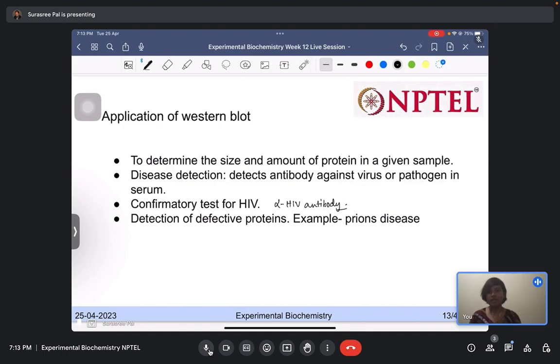So Western blot has very wide applications in detection of various diseases as well as in laboratory purposes, for detection of whether the protein is expressed in a particular cell and what is the size of the protein, whether this protein is expressed in particular stress conditions. Those things can be studied by Western blot.